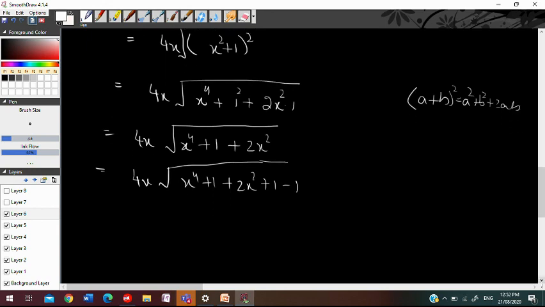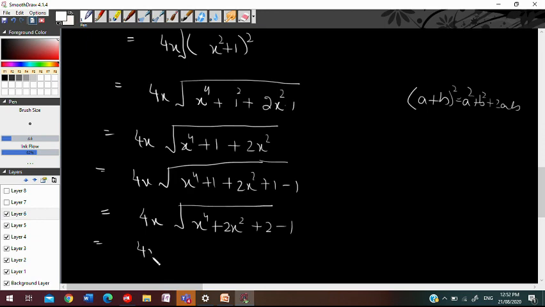Now equal to 4x under root of x4 plus 2x square plus 2 minus 1. I have added these two terms, plus 1 and plus 1, plus 2 minus 1.